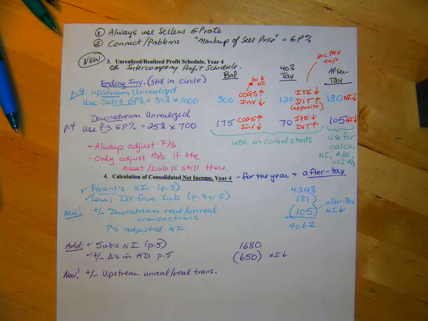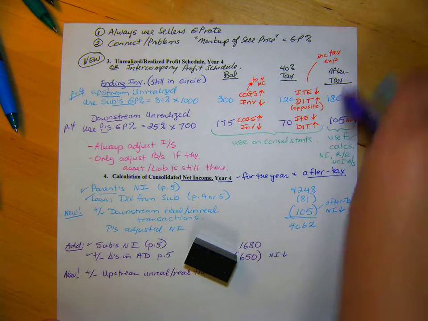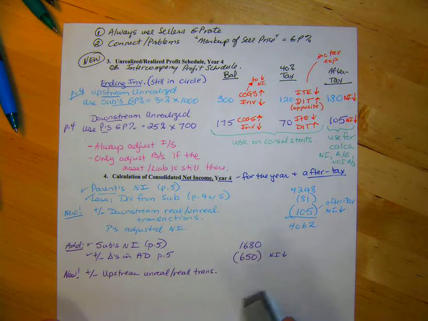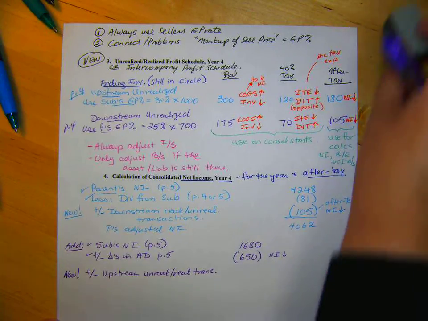So looking here, we need the upstream. And it's unrealized, so it shouldn't be there. This is the sub selling to the parent. They sold them the block inventory and they put their profit on it. But because the parent didn't sell it outside the circle, we can't have this profit, so we've got to take it off.